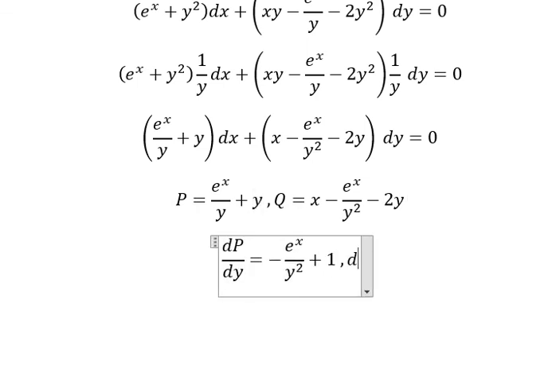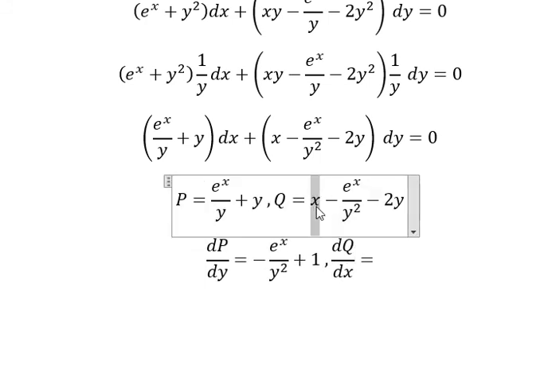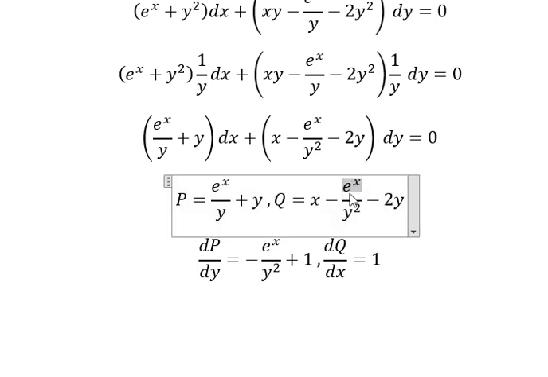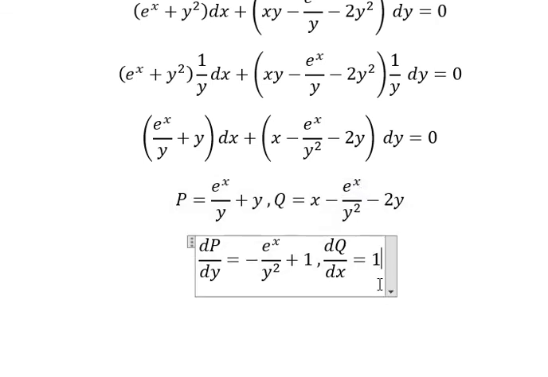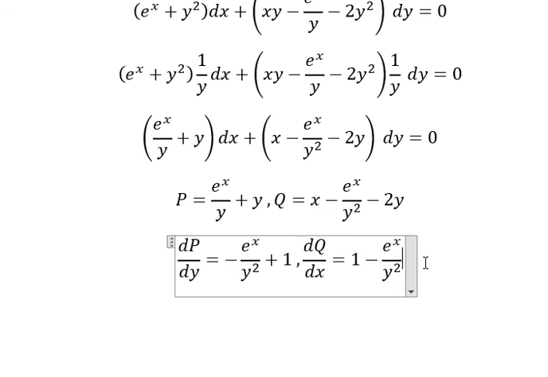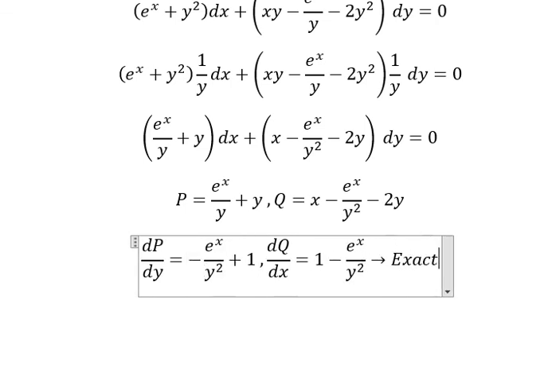And later that, we do first the derivative of q with respect to s. This one, we have number 1. First, the derivative of e to the power of s, we keep the same. And we see that this one is equals to this one. So that means it is about exact.